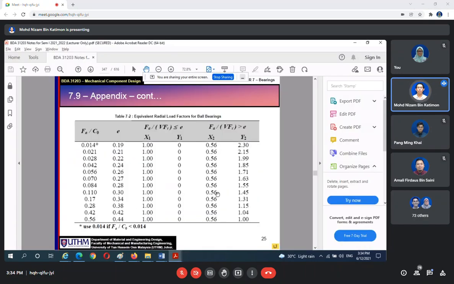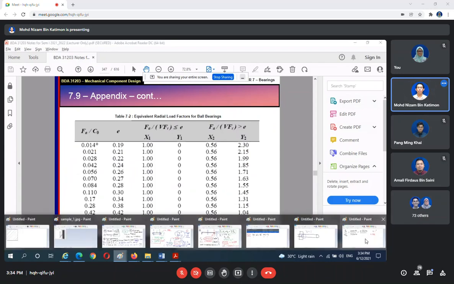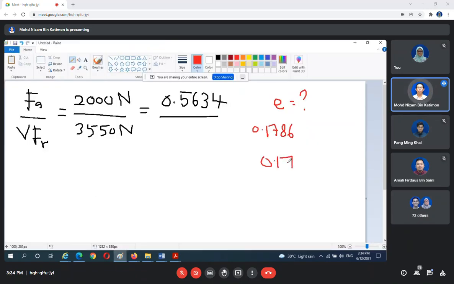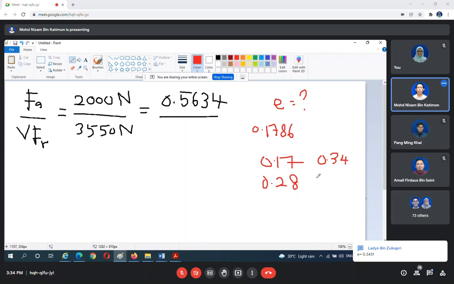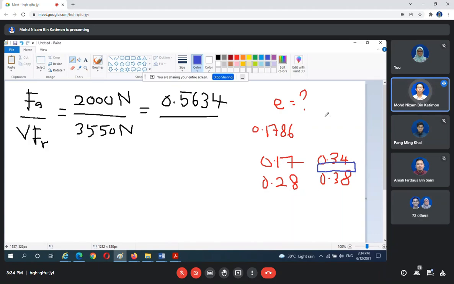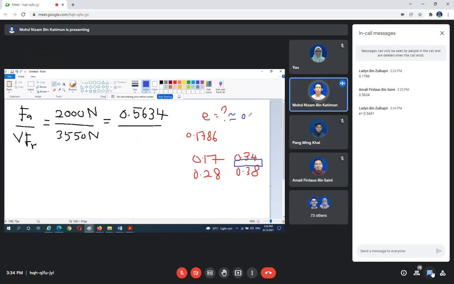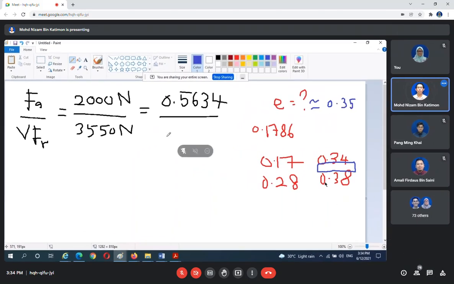So it's between 0.28, 0.34 and 0.38. So with interpolation, E is somewhere in between, roughly about 0.3, let's say 0.35.